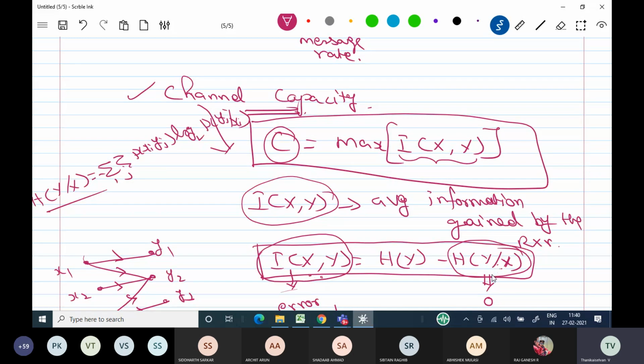Under all the circumstances, the maximum value of I(X,Y) is called the channel capacity. That is the final thing.